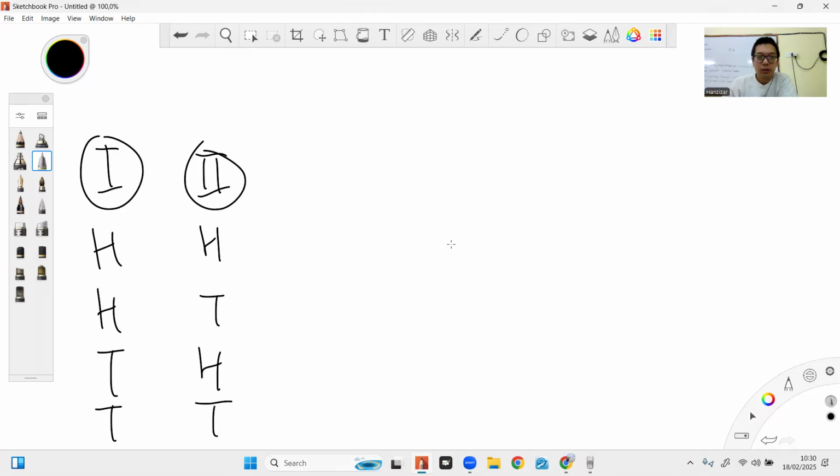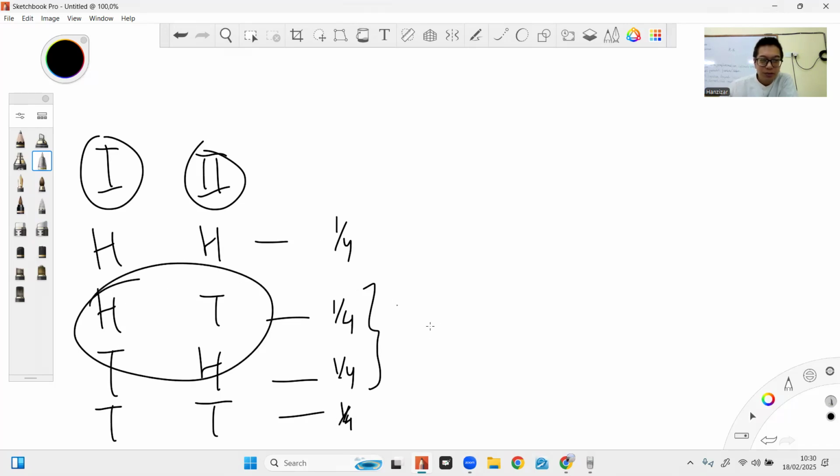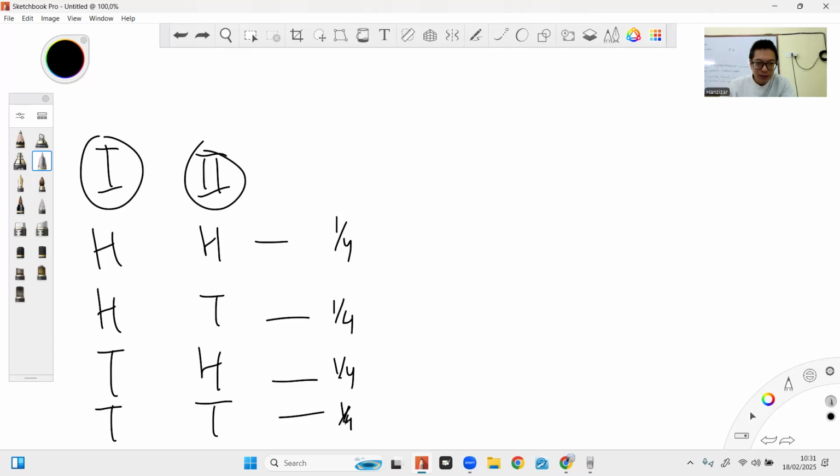How many total outcomes do we have? 4. So each arrangement will be evenly 1/4. If you total all the numbers, you will get 1 also.